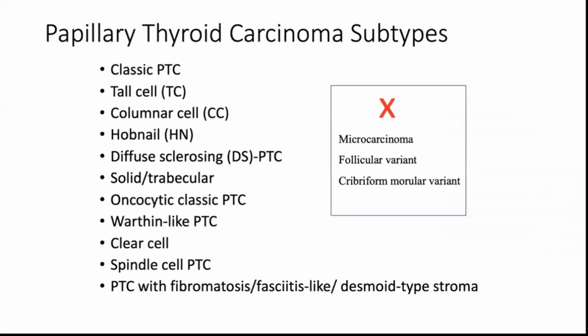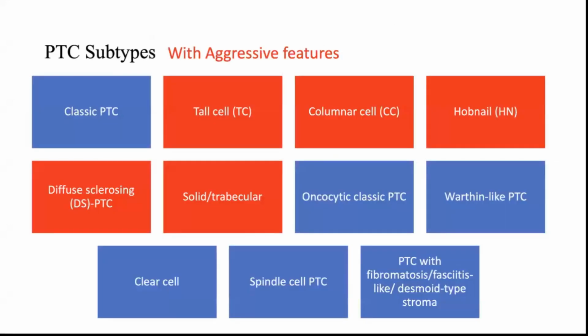So according to the latest classification, these are the carcinoma subtypes. That is classic PTC, tall cell, columnar, hobnail, diffuse sclerosing, solid, oncocytic, Warthin-like, clear cell, spindle cell, and PTC with fibromatosis, fasciitis-like or desmoid type stroma. What has been excluded from this classification is microcarcinoma, follicular variant, and cribriform morular variant.